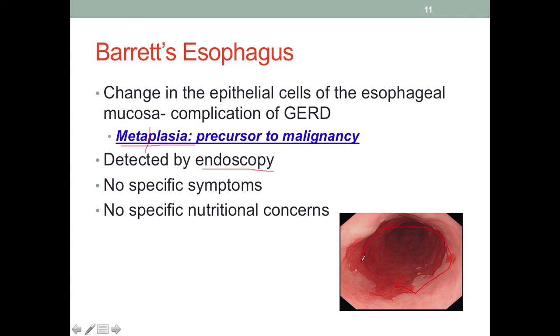This whole area here with the really dark red is different than out here where we have the normal epithelial cells. So Barrett's esophagus would be considered a complication of GERD. So if we are successfully treating GERD, we should be able to better prevent this condition from occurring.